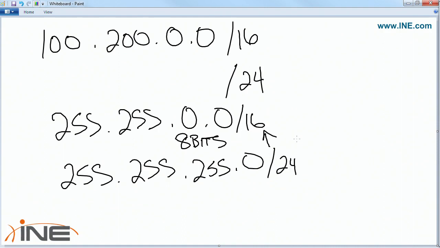It means the difference between these, 24 minus 16, or in other words 8, is the amount of bits now that I can use to create other networks or other subnets.